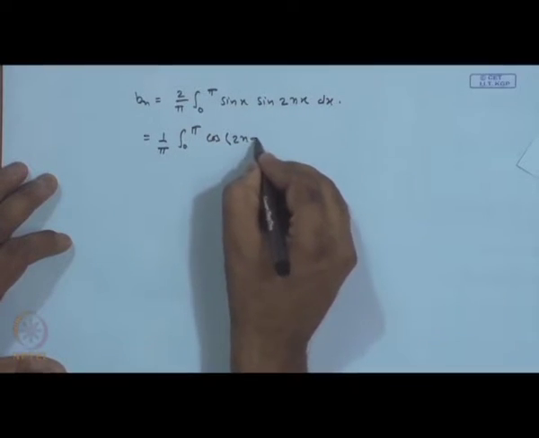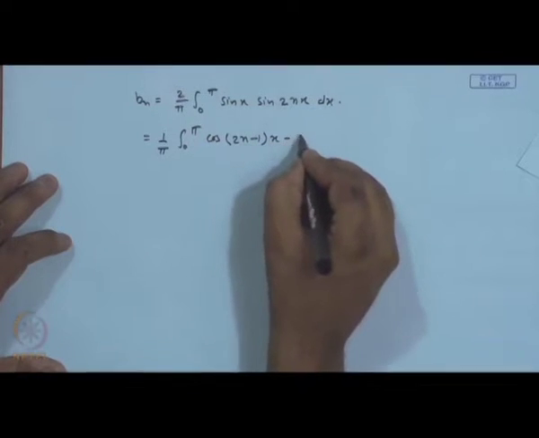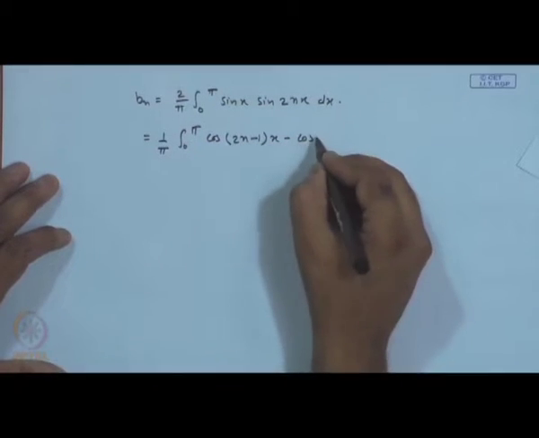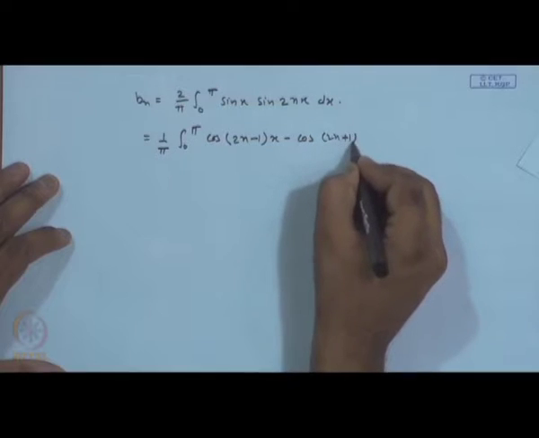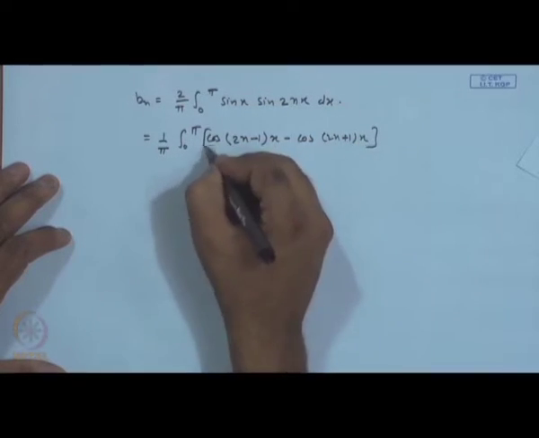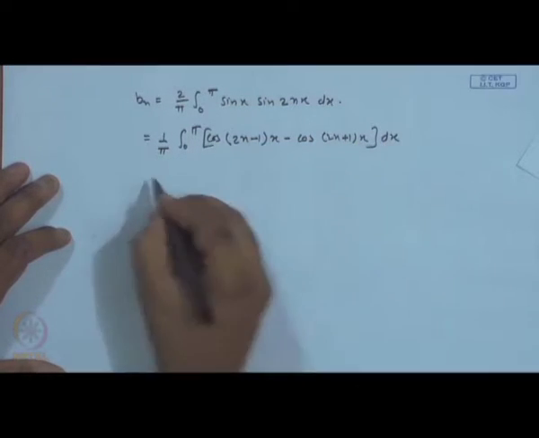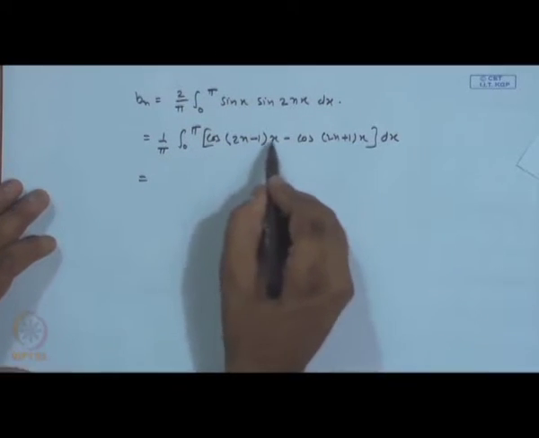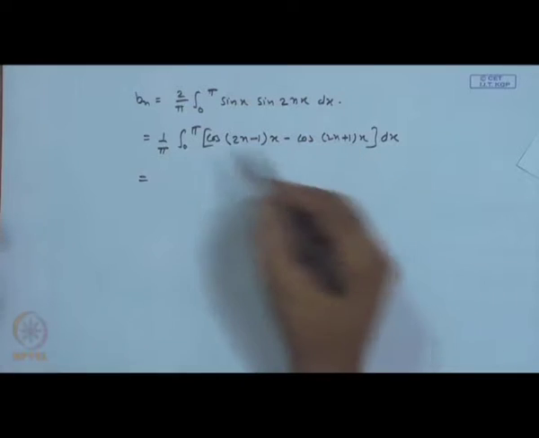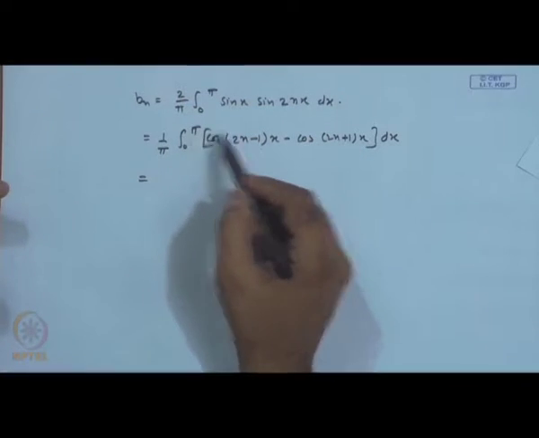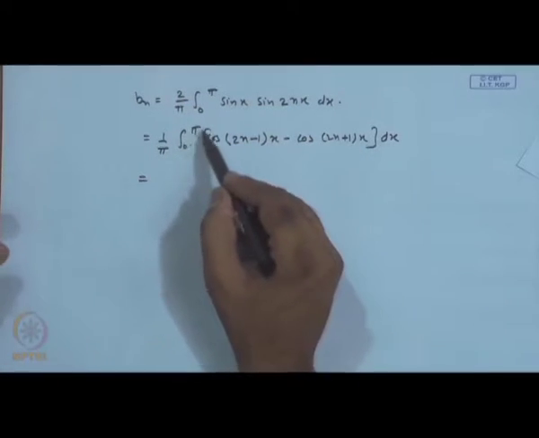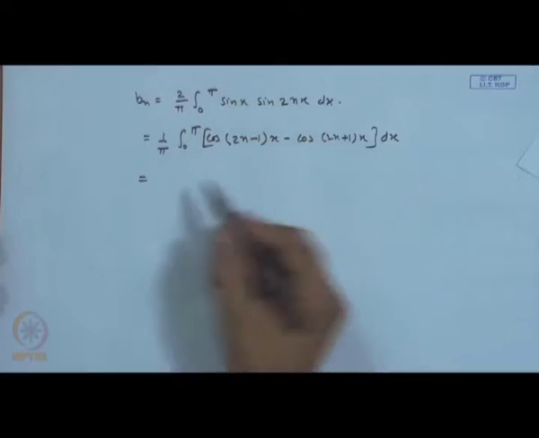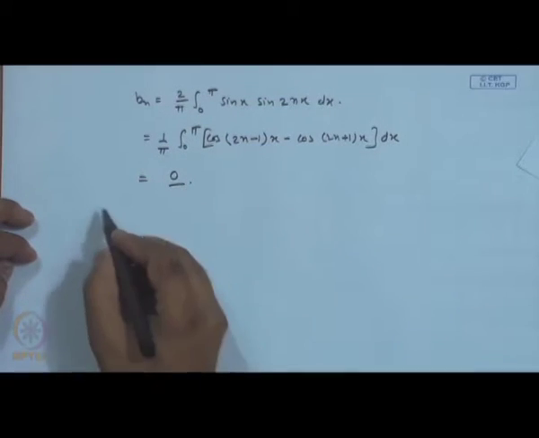So, we write in this form cos 2n minus 1 x and minus cos a plus b, so 2n plus 1 x, and then we have this dx. And now the integral will be the sine 2n minus 1 x, and here also sine, and the sine function, when we take x equal to pi or we take 0, it will be 0. So, the value we will get is 0.